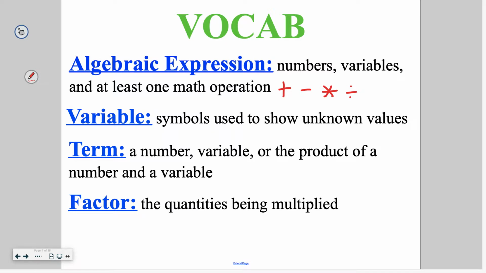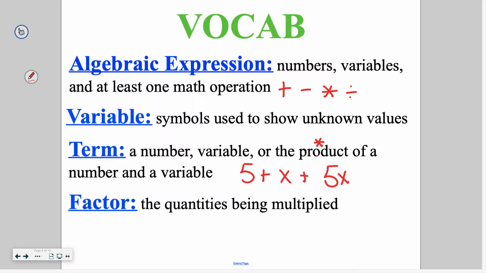A term is a number, a variable, or a product of a number and a variable. So it could be a number, 5 is a term. It could be a variable, x, or it could be the product, which is multiplication of a number and a variable. So 5x, that is being multiplied together.